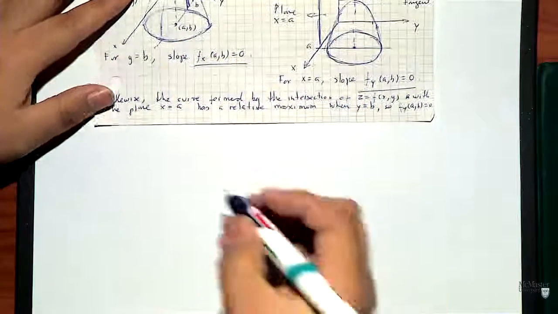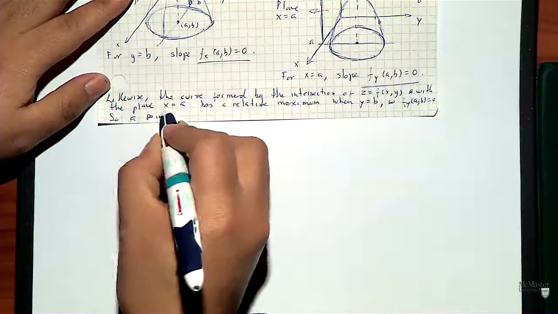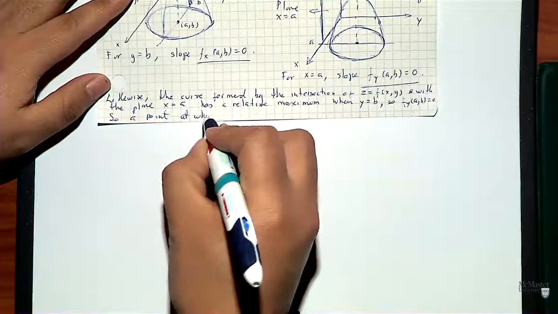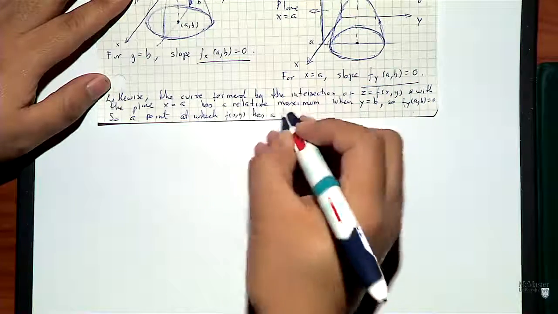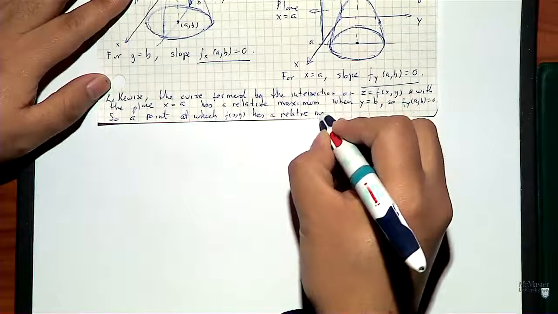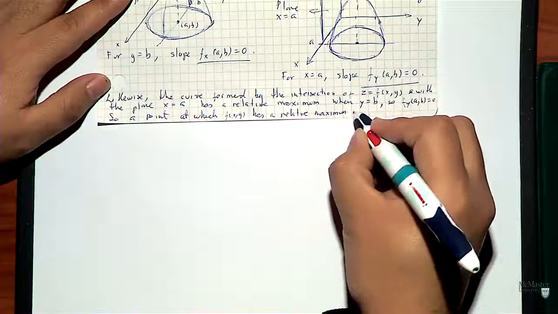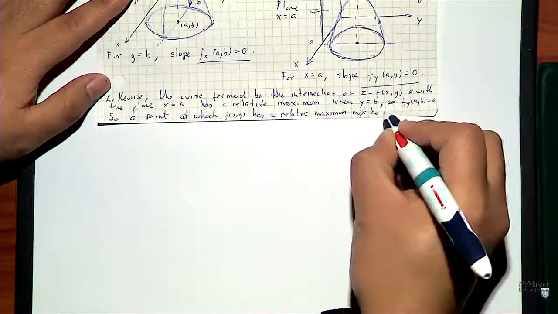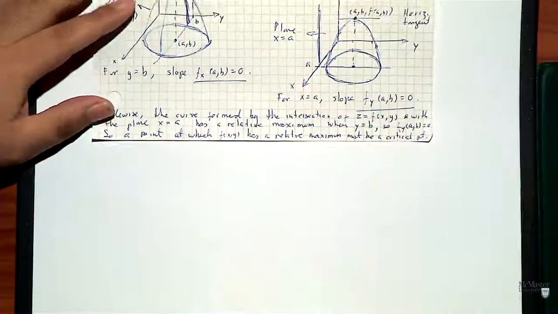So the only observation is basically that a point at which a function of two variables has a relative, say, maximum must be a critical point, because both partials vanish.